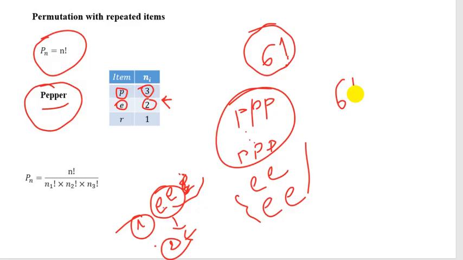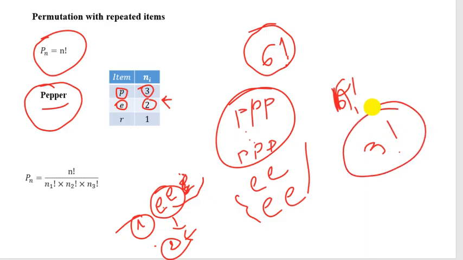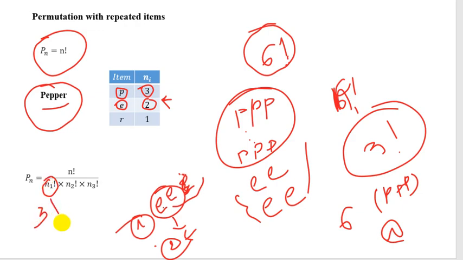It is the number of repetitions, 3 factorial, because it is the number of ways I can arrange my 3 Ps. Since we have 6 ways to arrange our P and all of them are the same, we divide by 6, which we find by taking the number of repetitions, 3 factorial.